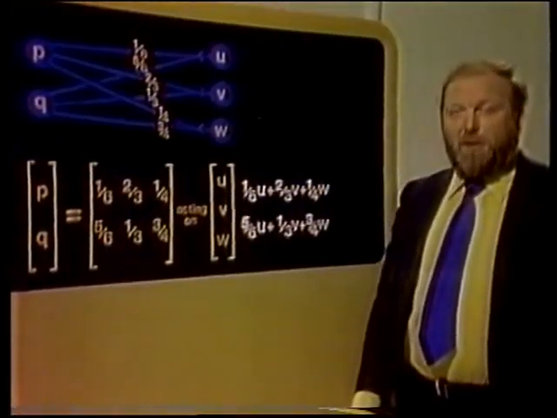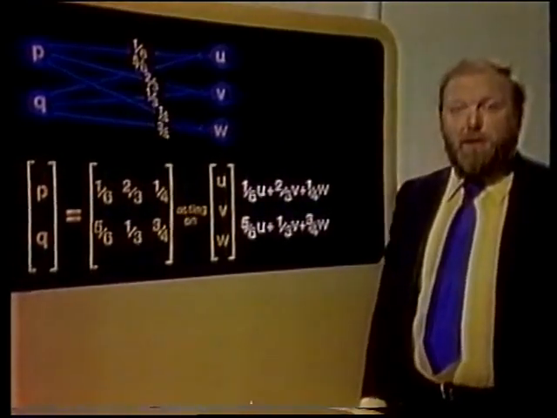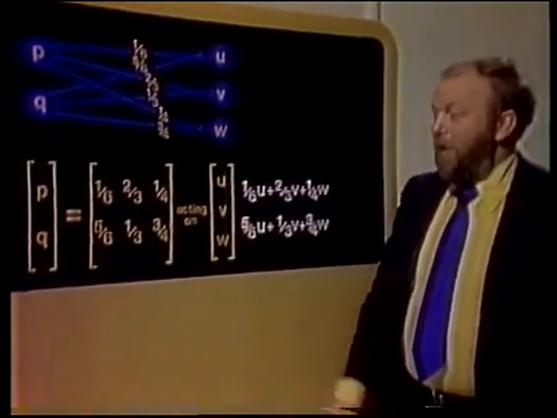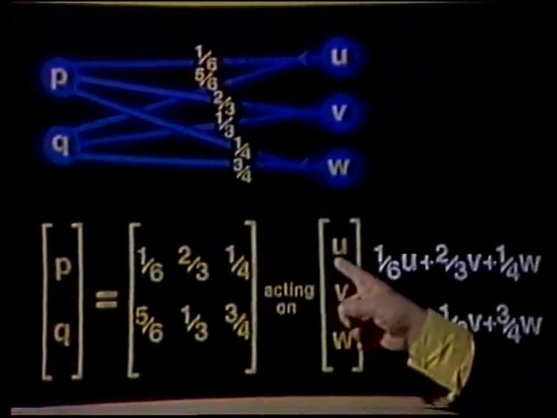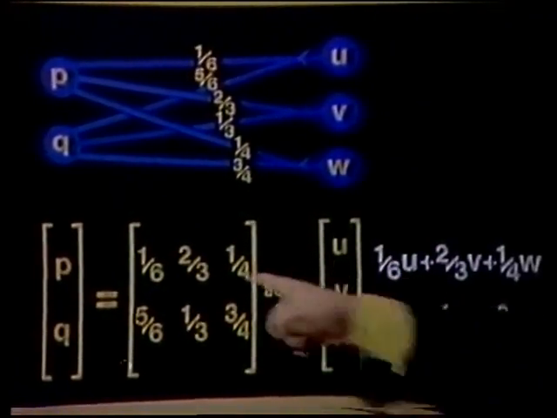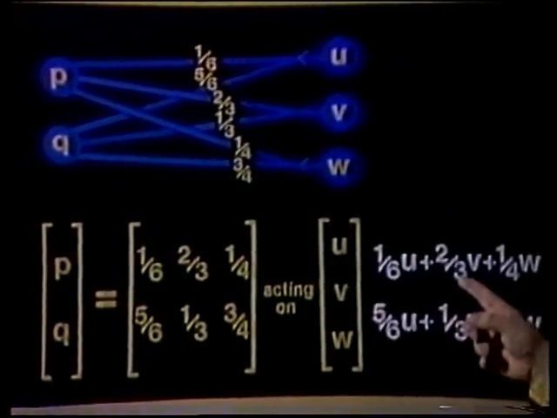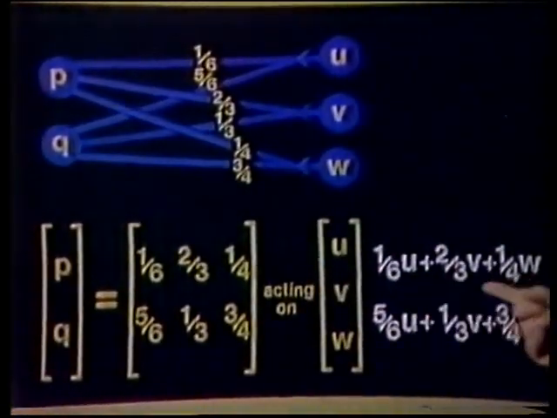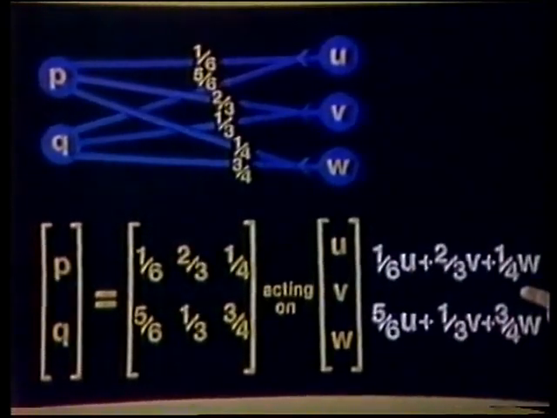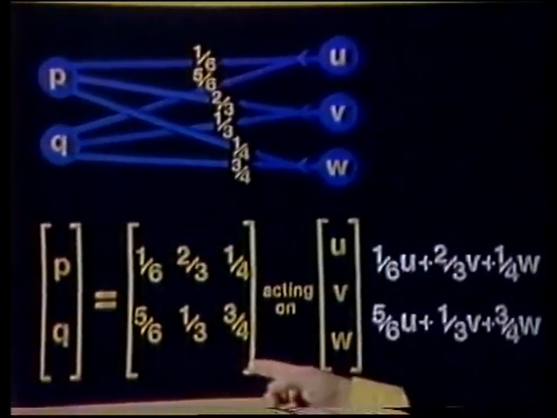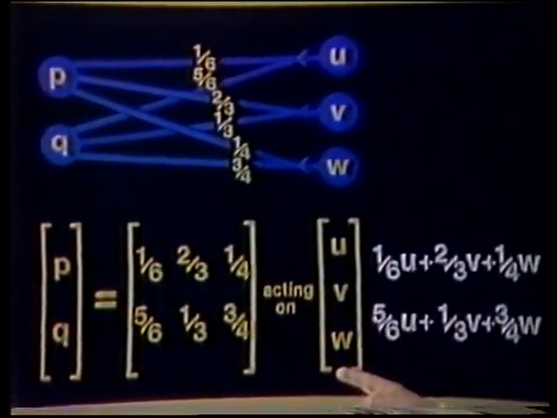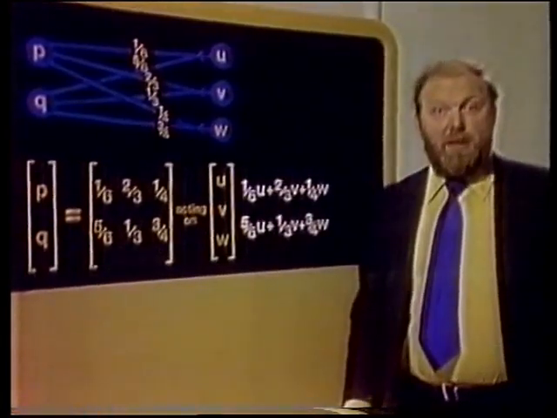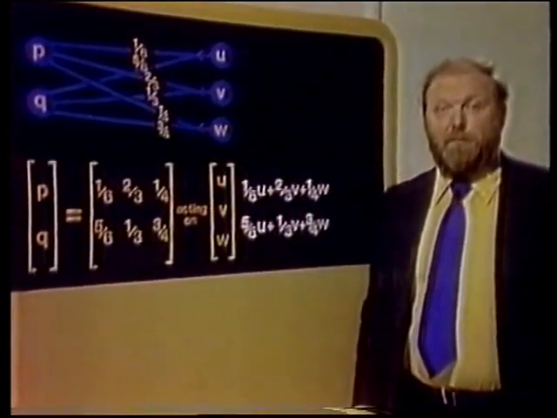So row acting on column just means multiply the corresponding elements in the row and the column and add the results. We have the first times the first, and the second times the second, plus the third times the third, to give this value of P. In the same way, the second row acts on the column UVW to give this value of Q. So that's row acting on column.